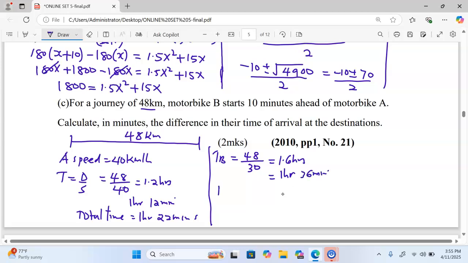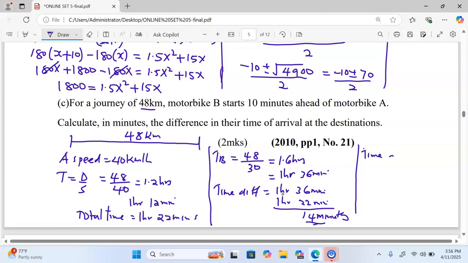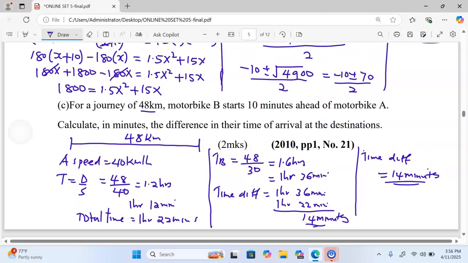So the time difference is going to be equal to 1 hour 36 minutes minus 1 hour 22 minutes, that is for A, and this one is going to give us 14 minutes. So in other words, the time difference is going to be equal to 14 minutes, and that is the answer to part C of this particular question.